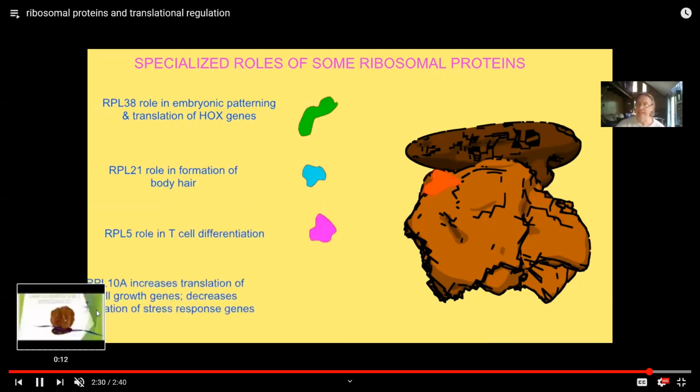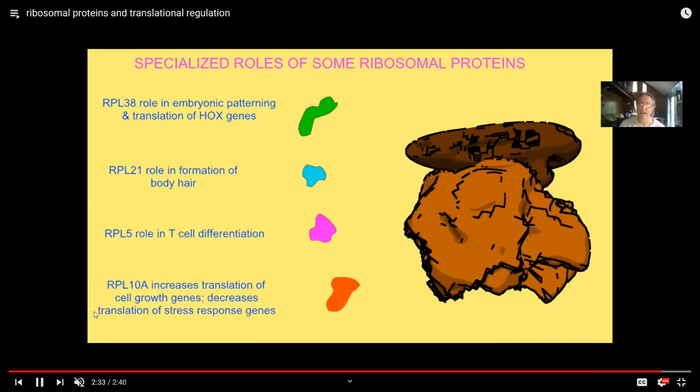So that is fascinating. Once again, perhaps a topic for later in gene regulation.